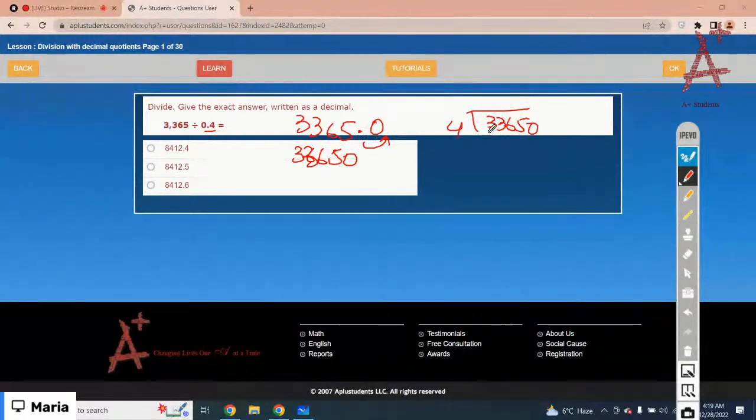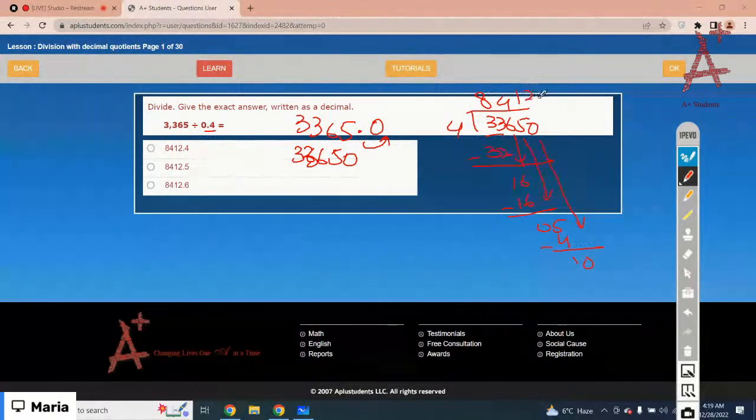So it would be 4 times 8 is 32. Subtract, it is 1. Bring the next digit down. So it would be 4 times what number is 16? 4 times 4 is 16. Now bring the next digit down, that would be 5. 4 times 1 is 4. 1, and bring the next digit, that would be 0.